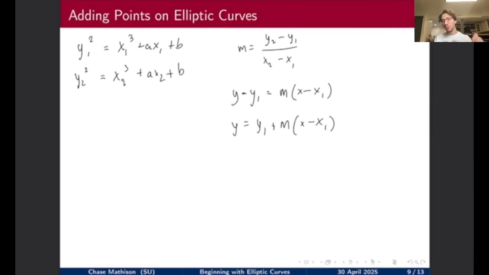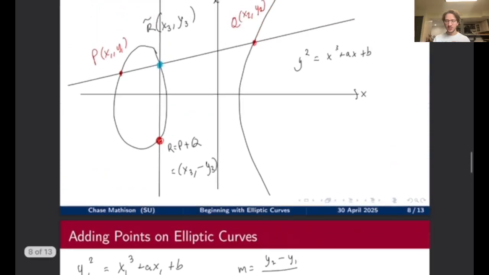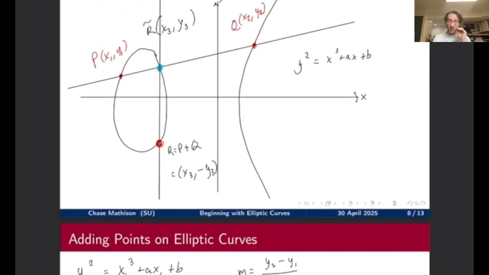All right. So what we want to do, we know these 2 points lie on the elliptic curve. We want to figure out where else this line intersects the elliptic curve. It's always guaranteed, with the choice of 4a cubed plus 27b squared not equal to 0, that you're going to have a third point of intersection.